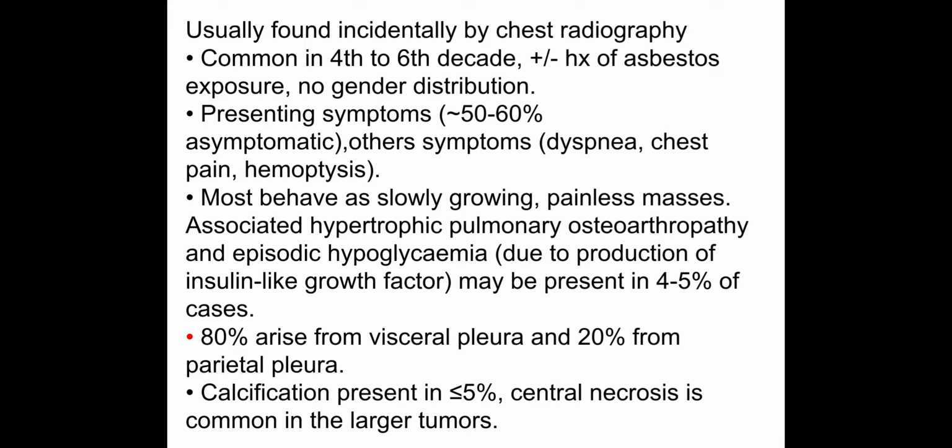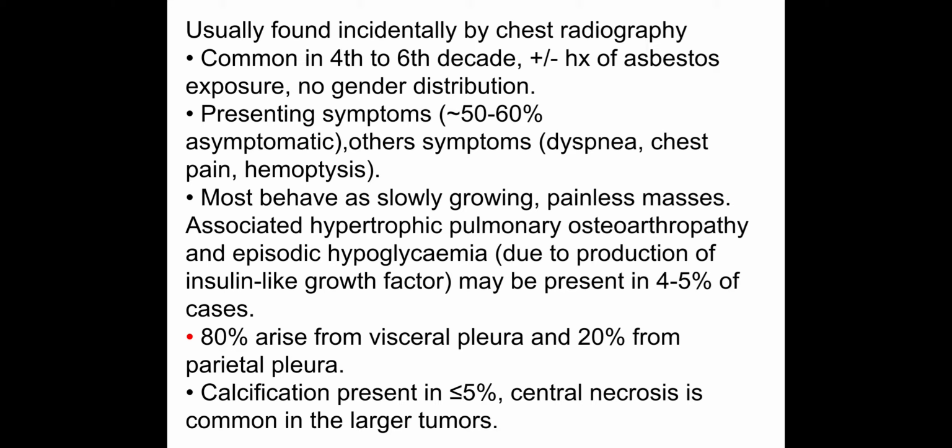Most behave as slowly growing, painless masses. Associated hypertrophic pulmonary osteoarthropathy and episodic hypoglycemia due to production of insulin-like growth factor may be present in 4 to 5% of cases.